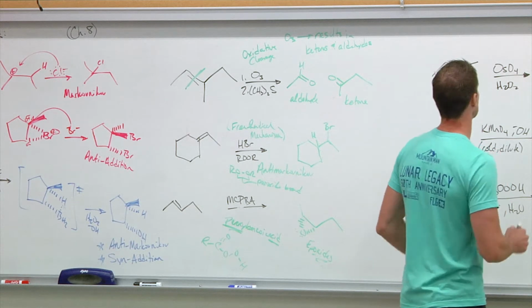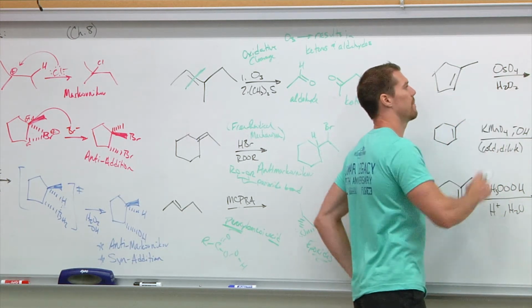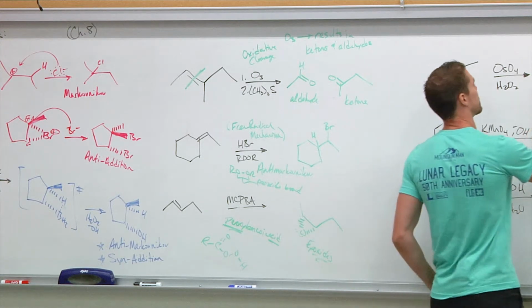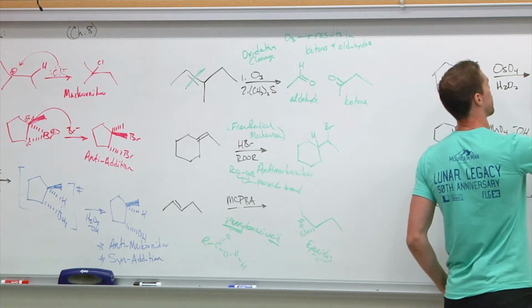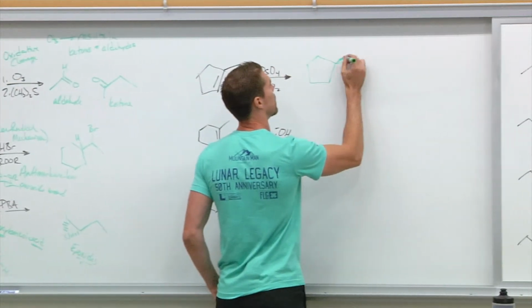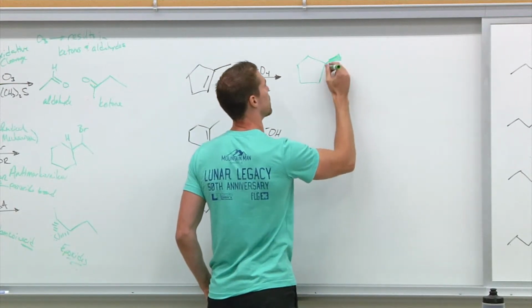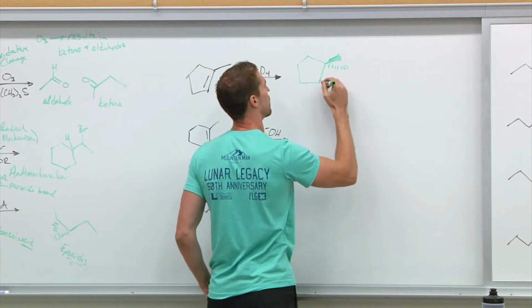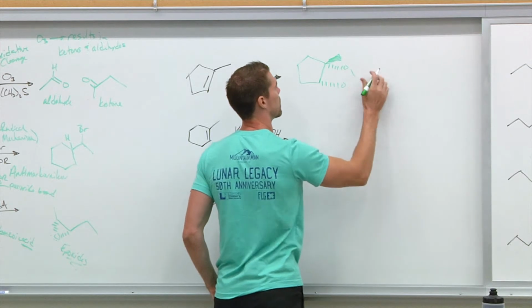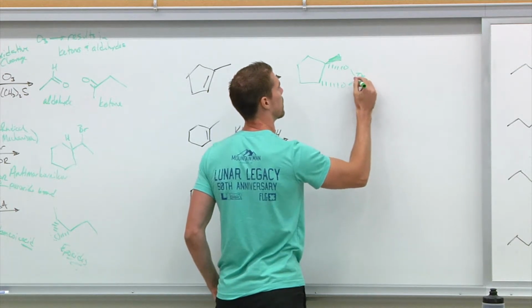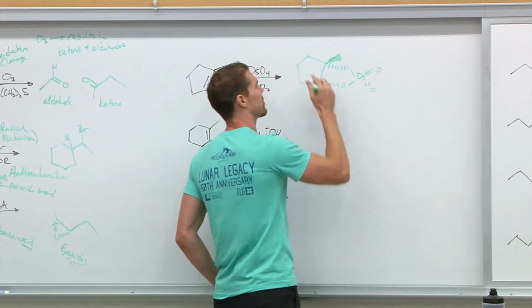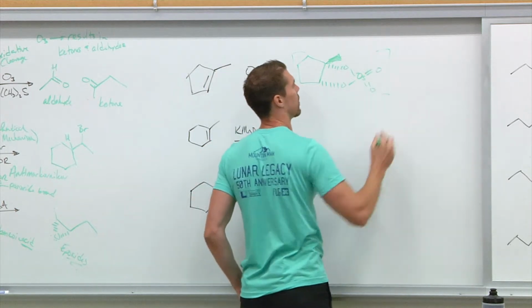All right, this is osmium tetroxide. This gives you, well, I'll draw the transition state here first. So this is what the transition state looks like.